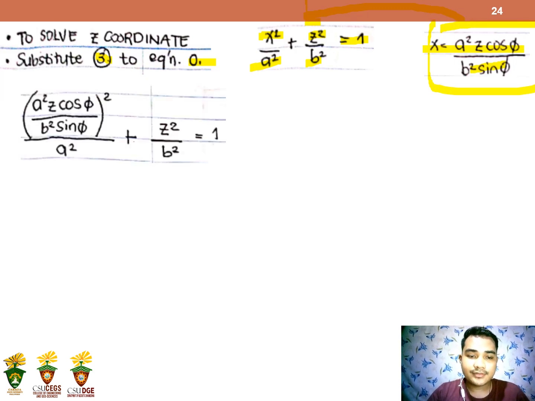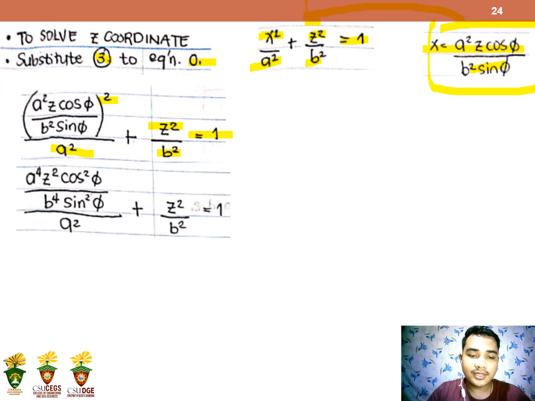So we have now a squared z cosine geodetic latitude over b squared sine geodetic latitude, all raised to the power of 2, over a squared plus z squared over b squared is equal to 1. Manipulating, ato siyang i-square ang nasa sulod.